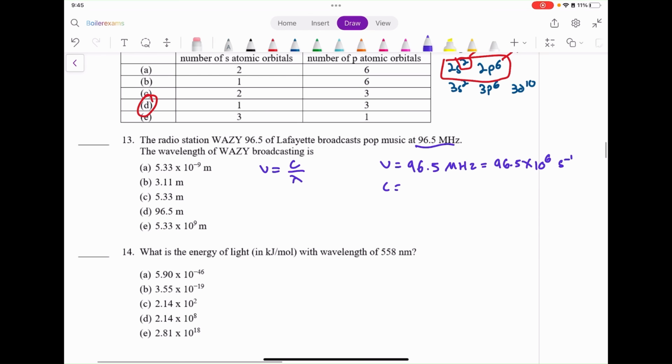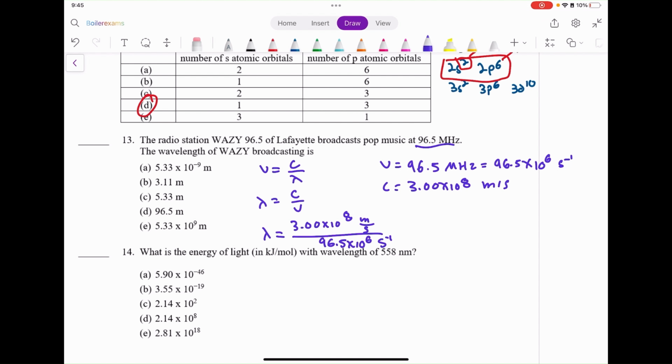And then our speed of light is 3.00 times 10 to the 8th meters per second. We're going to want everything in the same units. So if we take the speed of light and divide out the frequency, my wavelength is going to be, if I plug these in, my seconds would cancel and I would just get meters.